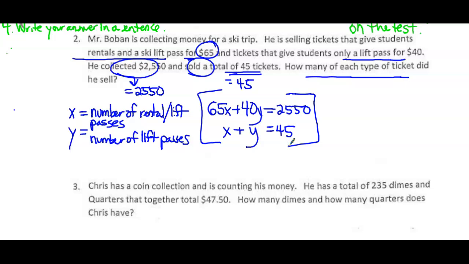Once you have your system, you no longer have to show the work. You get to use your calculator. So again, if you're already in the program, you're just going to put in the coefficients of X, Y, and then on the right, put the total. So hopefully you're still in the program. You're going to type 65, 40, and 2,550 on the top line in that program.